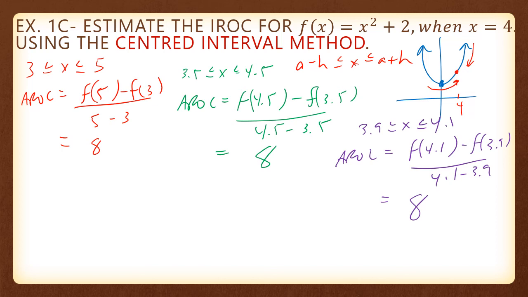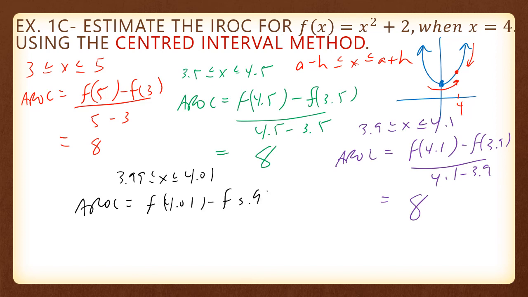Finally, we got to do it a 4th time. We'll go between 3.99 and 4.01. Again, 4 is right in the middle. So IROC equals f of 4.01 minus f of 3.99 all over 4.01 minus 3.99.